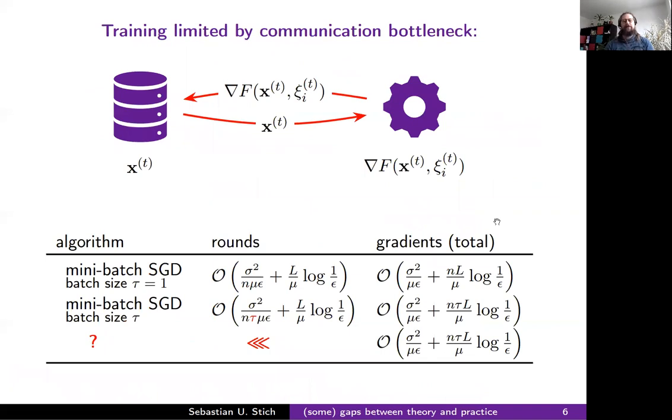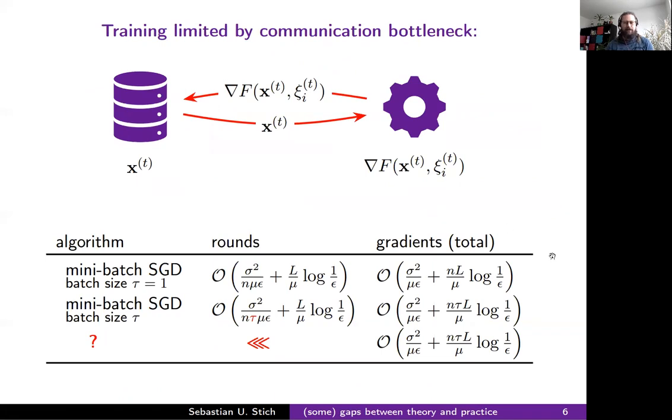So let's go back to the federated learning setting. In federated learning, we need to communicate between the server and the clients. And these connections, this communication has to happen, for instance, over the internet or over mobile connections. So we want to keep the number of communications very low.